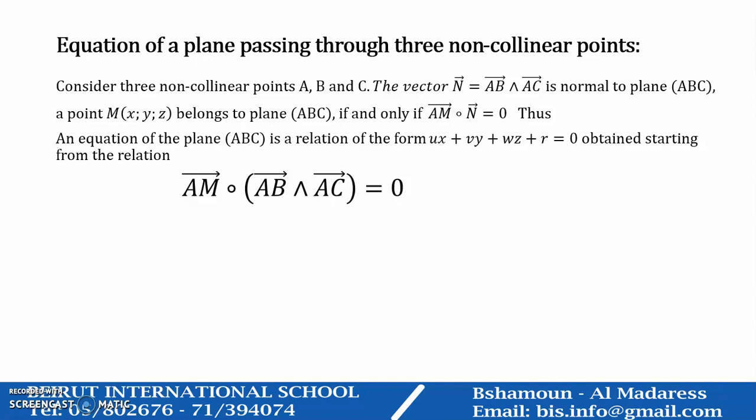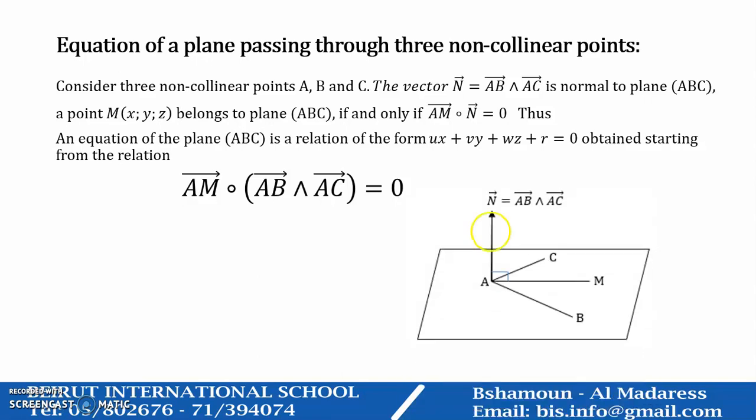Then, first of all, we determine the vector n. Then we take any point M in the plane and determine the equation, either by using AM dot n or by using substitution. Since AM dot n equals 0, and I know that n is AB cross AC, directly I can use the formula AM dot AB cross AC equals 0, which is the mixed product.